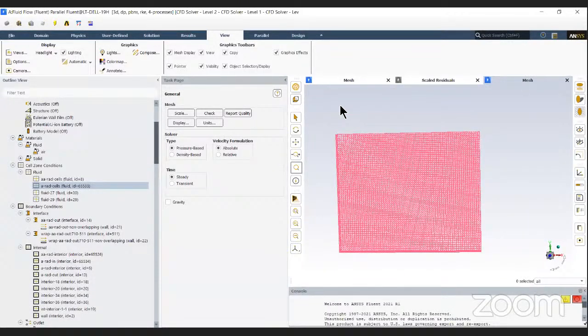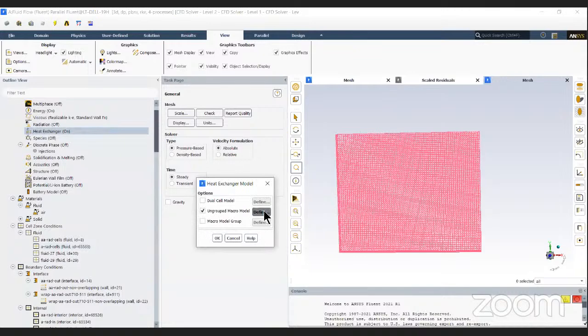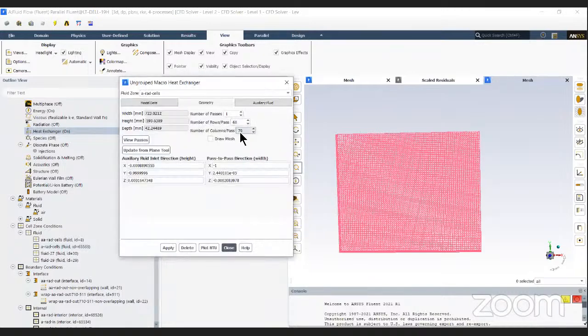So this is what you are specifying in your heat transfer setup over here. If you had more grid points, for example, instead of 70 columns you had 90 columns, then in the geometry part you would define it accordingly. And this allows Fluent to divide this zone into these individual small zones, wherein it is calculating the heat transfer accordingly.